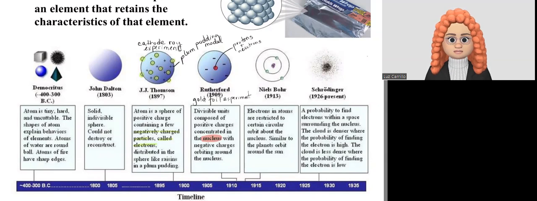So then in 1913, Niels Bohr proposed the first theory for the location of electrons in an atom. He hypothesized the electrons in atoms actually live in restricted areas that he called, at that time, orbits. And he said that those orbits where the electrons were at were around the nucleus.